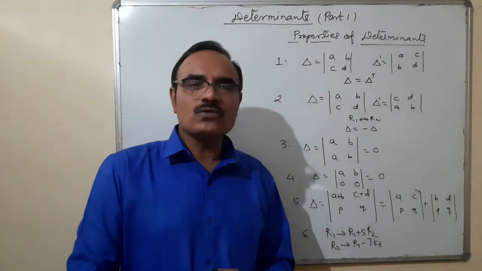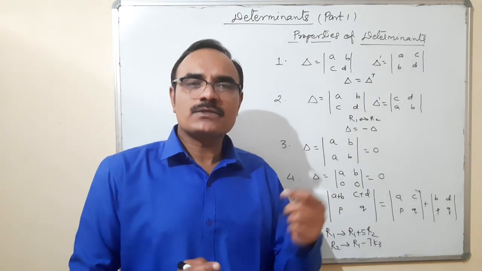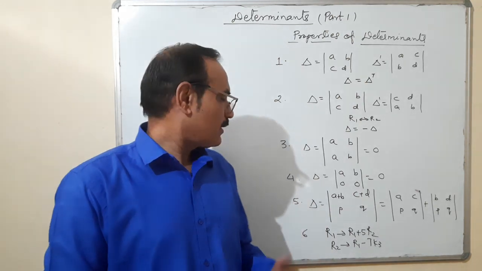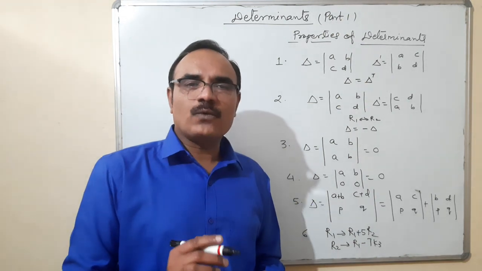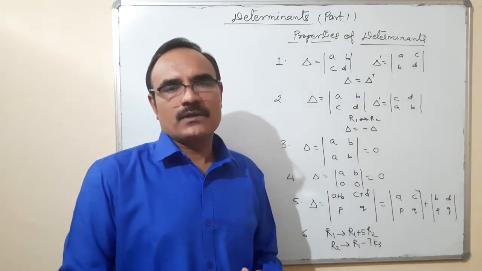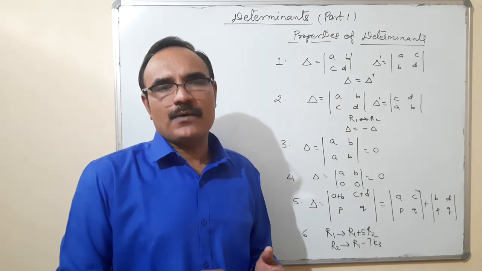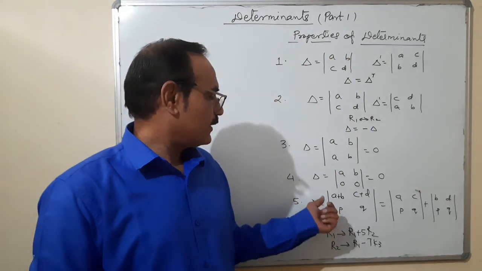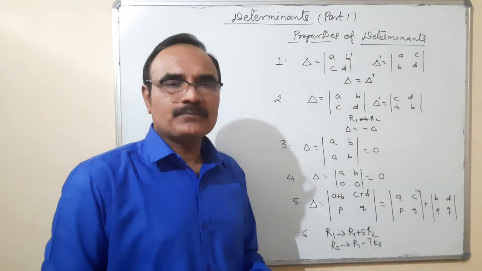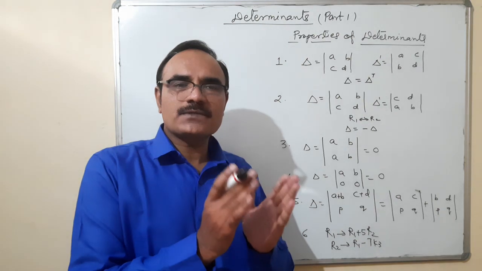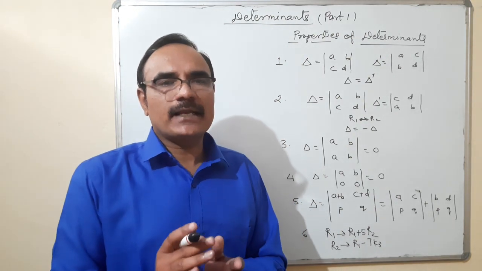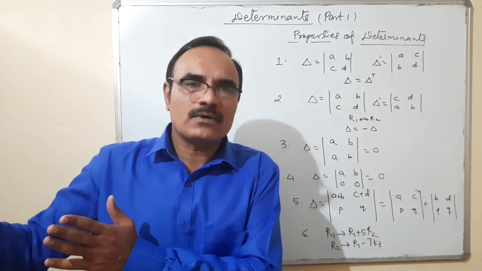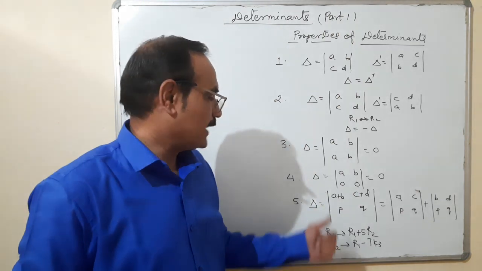Property number 3 says if any two rows or any two columns are identical, then the value of the determinant is 0. Property number 4, if any one of the rows or columns has all elements 0, then the value of the determinant is 0. Property number 5 is if in any row or column elements are given in the form of a sum of 2 or more elements, it can be expressed as a sum of other determinants, like this.